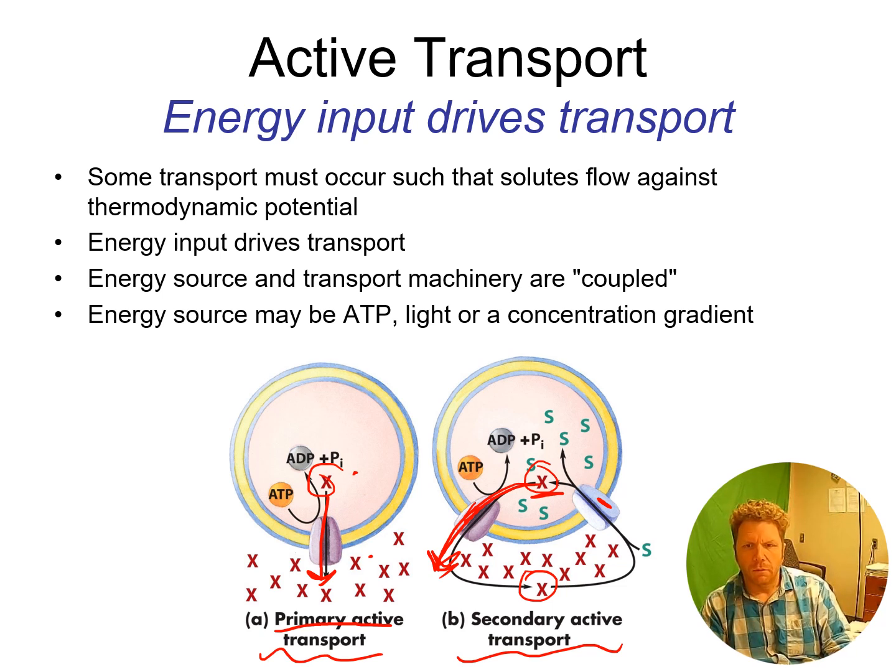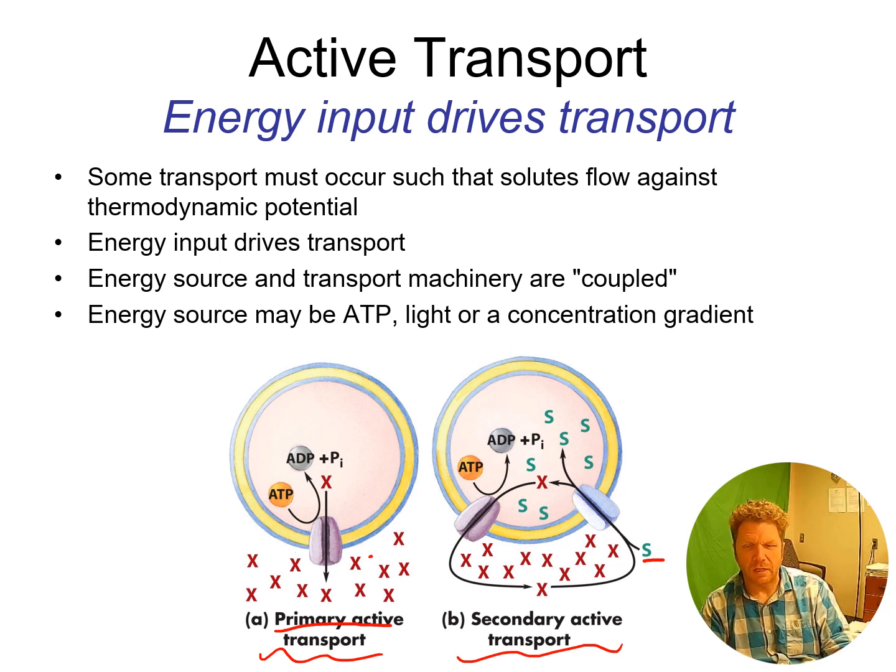Okay, so basically this right here is that first protein, that is our active transporter. We're using ATP. But then in conjunction with this, we are moving S, another metabolite, from an area of low concentration to high concentration.